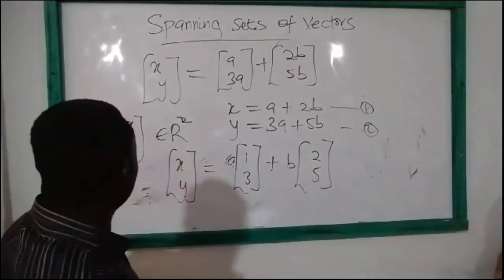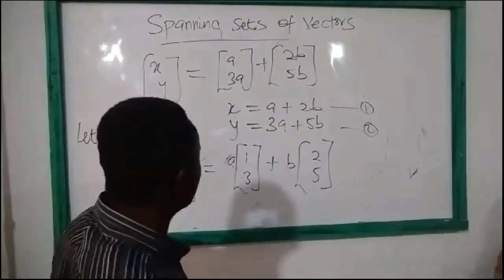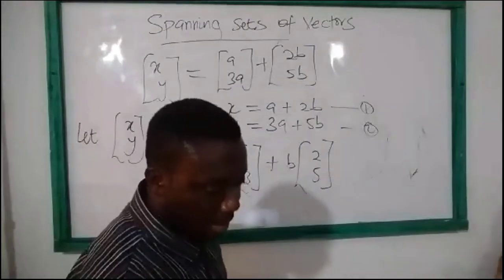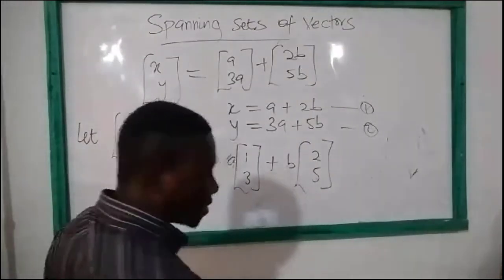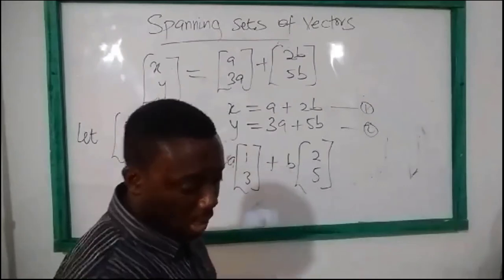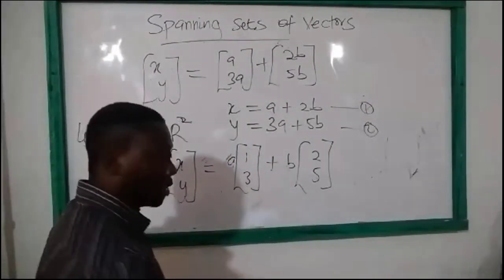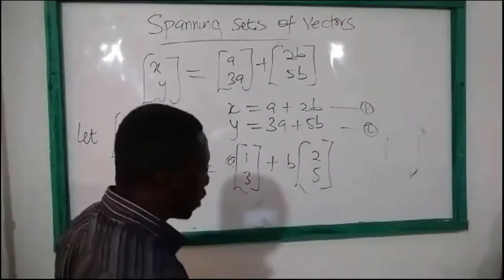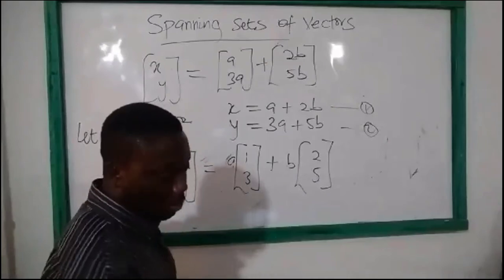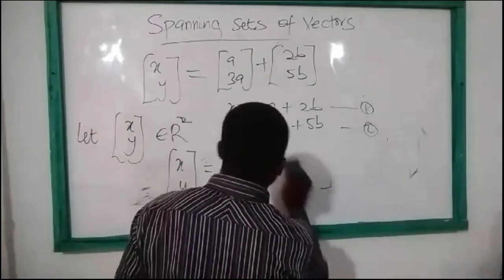We are not using the matrix approach, we are just using a simultaneous approach to solve. Either you can apply the elimination method or substitution method to get the two unknowns. Okay, so let's make progress.